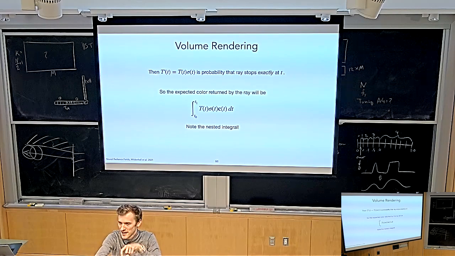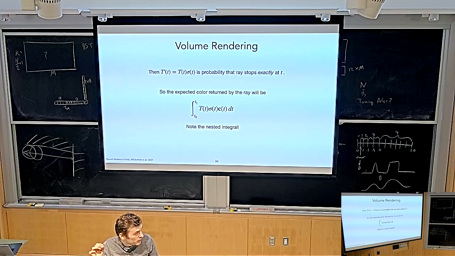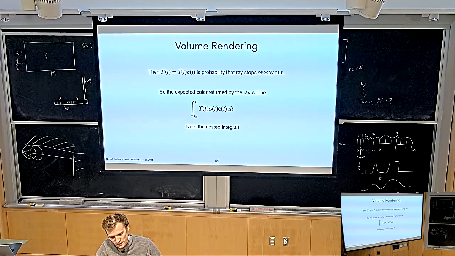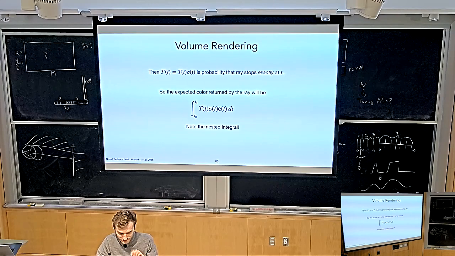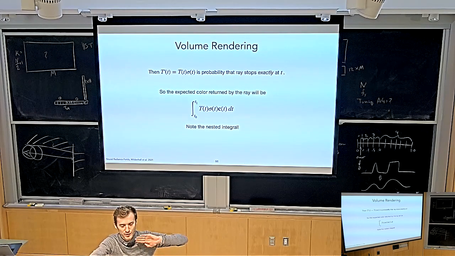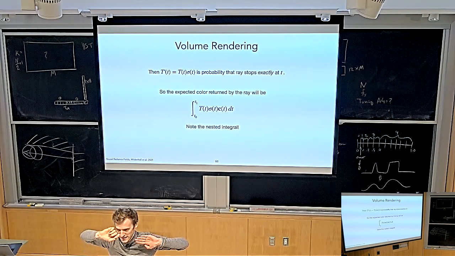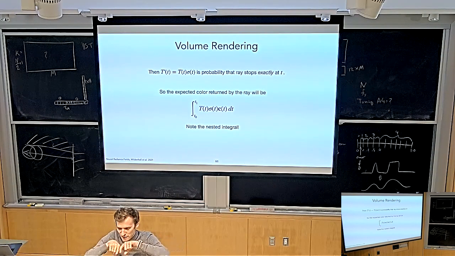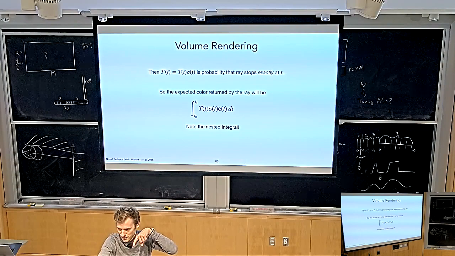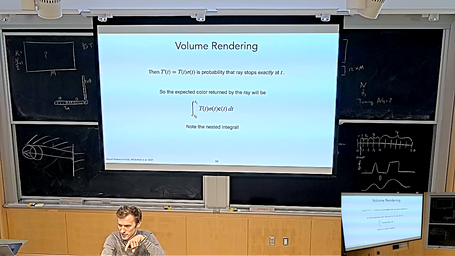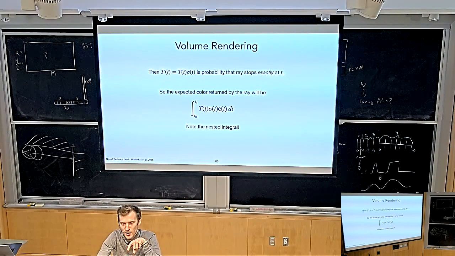Does that make sense? And now the thing that I want you to appreciate for a moment is that this was kind of the key reason that made differentiable rendering work really well. If you think about the gradients that you get from that, because every point along the ray is involved in making the color of that ray, you get a very nice gradient for every point along the ray.